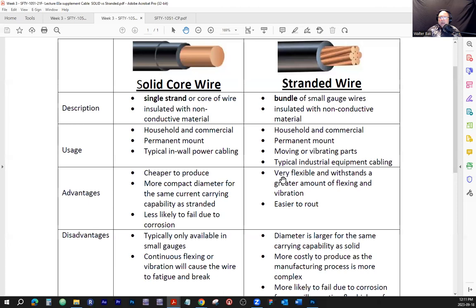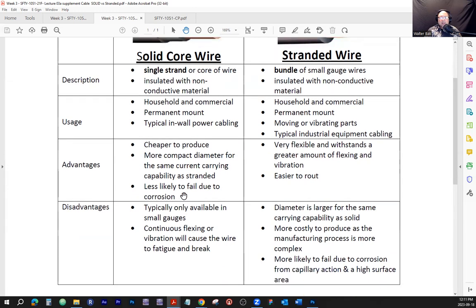So it's way more flexible than the solid, and sometimes you need that flexibility. It's easier to install because it's more flexible. Right? Now let's take a look at the disadvantages.